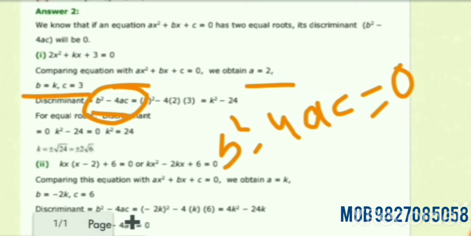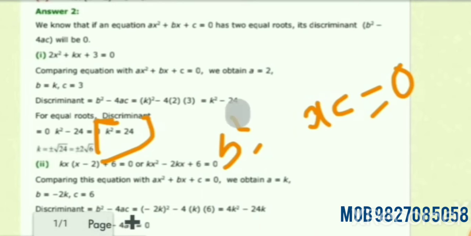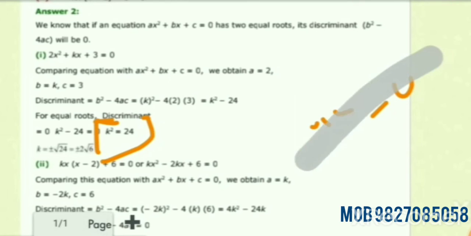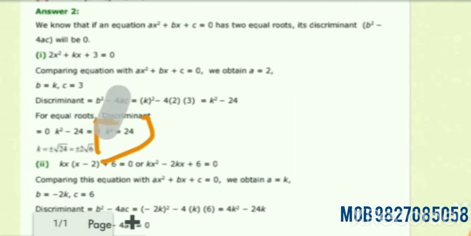So we can find easily k square is equal to 24, and the value of k is equal to plus minus square root of 24. Either we can say plus minus 2 root 6. Okay, this is the value of k.